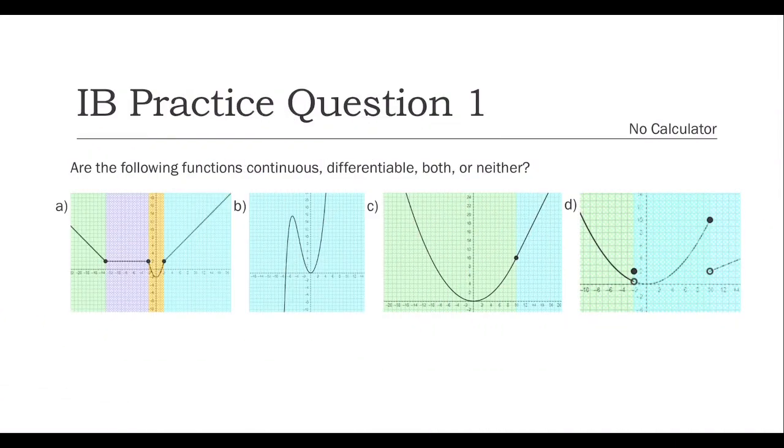So here we have our first IB practice question, which is no calculator. It says, are the following functions continuous, differentiable, both, or neither? So this first function, if you followed along the entire function, you never have to lift your finger up, which means the function is continuous.